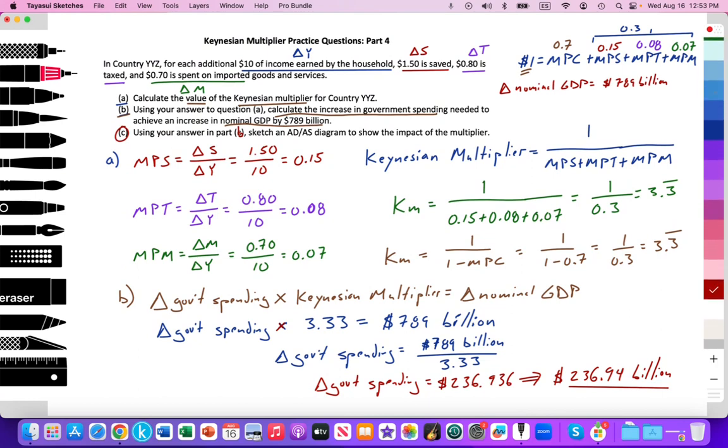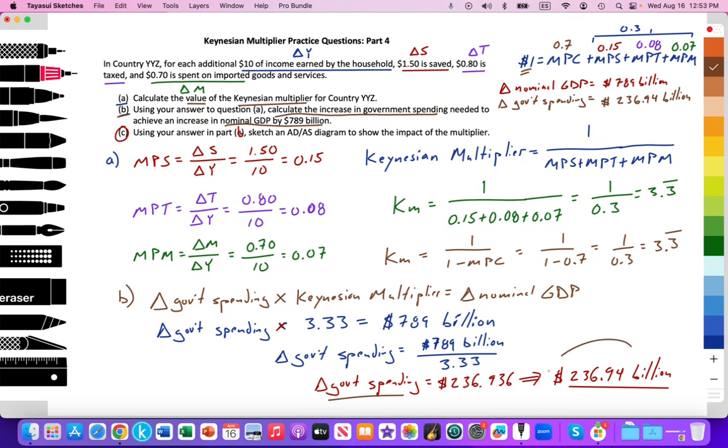I also need the value of the government spending. So the change in government spending is going to be 236.94 billion, which I got right here.